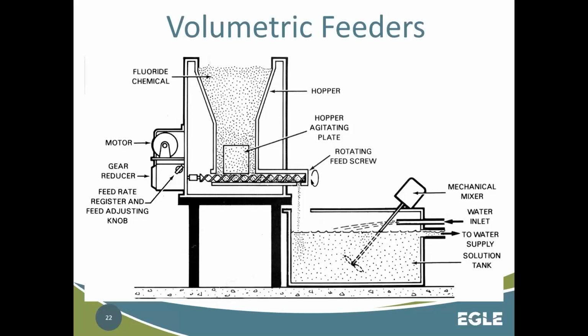So the volumetric, again, the volume of dry chemical is measured by the machine. And it's added to a solution tank, which you can see on the right here. It's mixed thoroughly and then delivered to the potable water supply. This is used primarily with the powder forms, and then primarily sodium fluorosilicate.